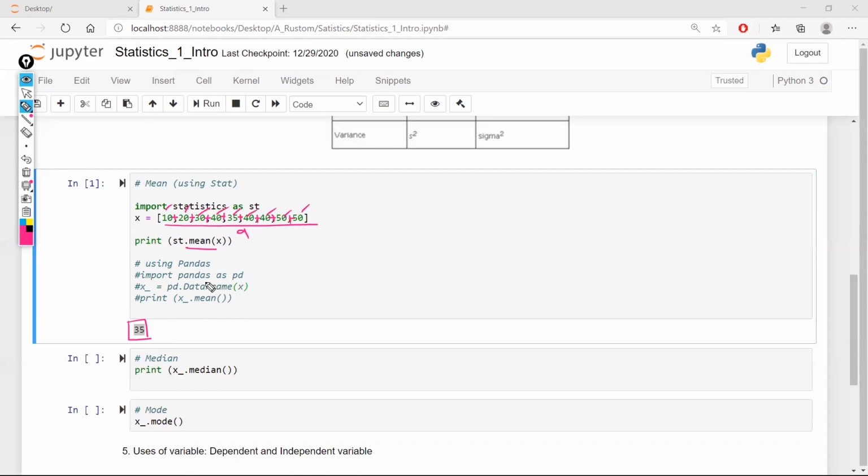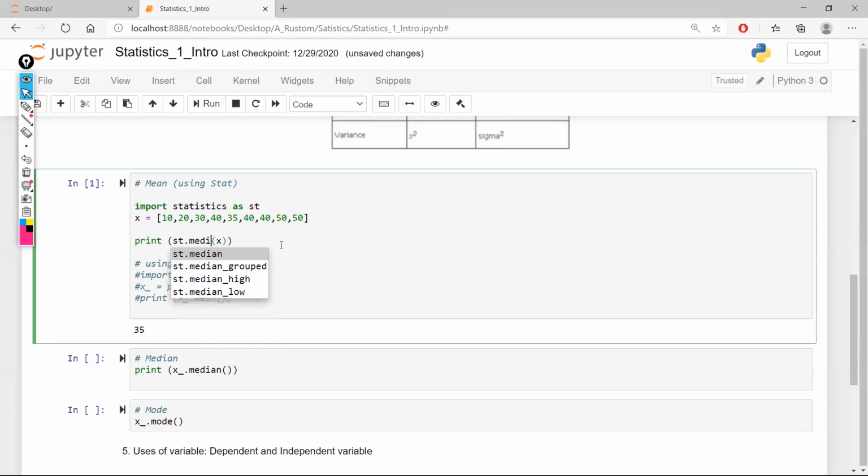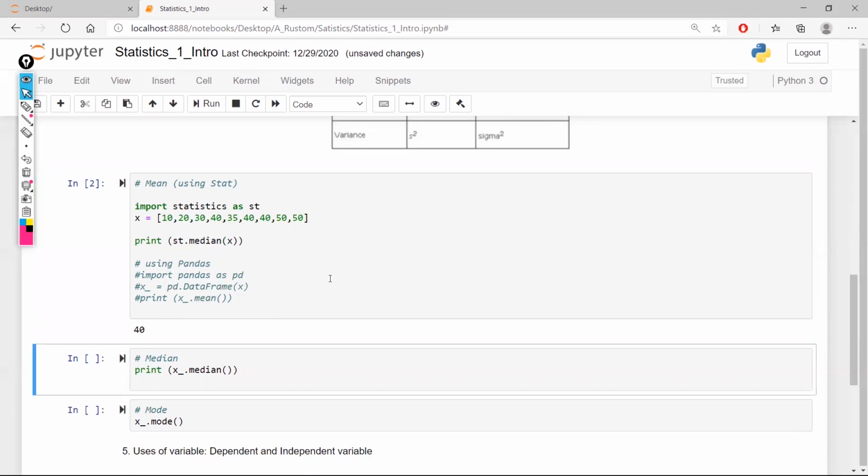So how am I going to print the median? Let's understand that also. Here, instead of mean, I'm going to say median. If I execute, you will get a median of 40.